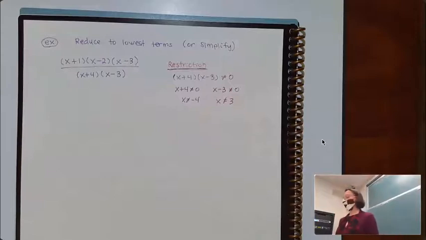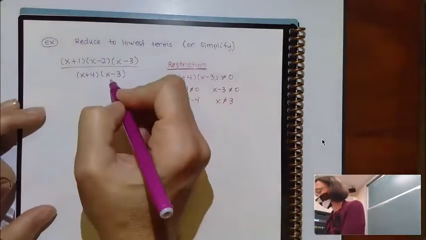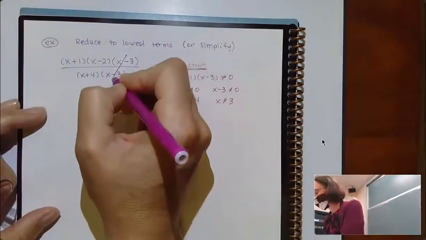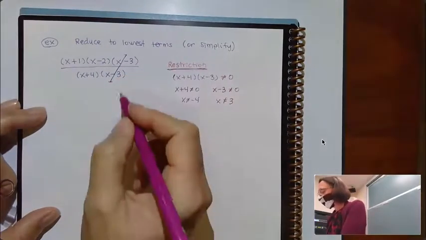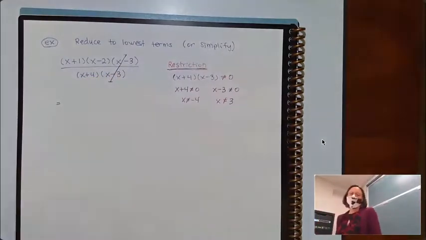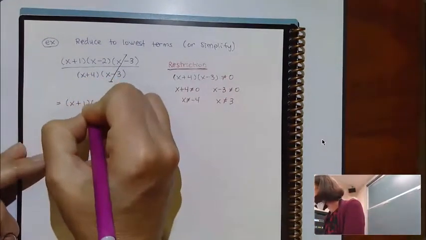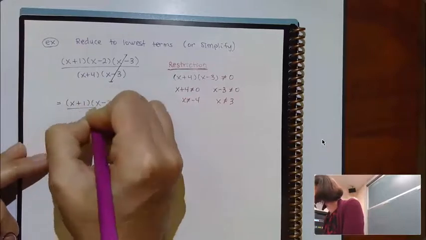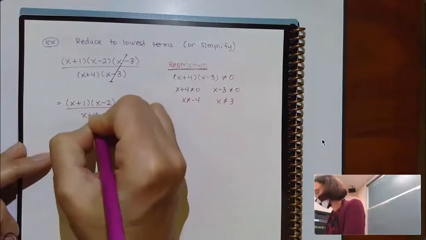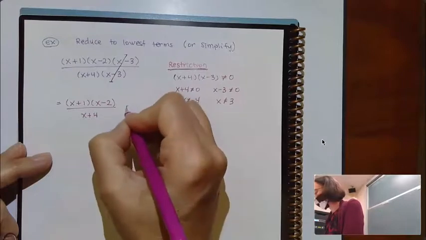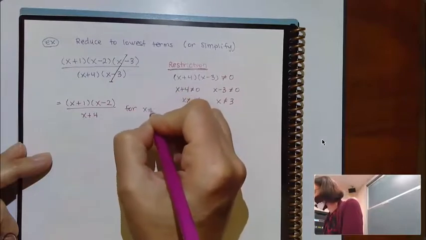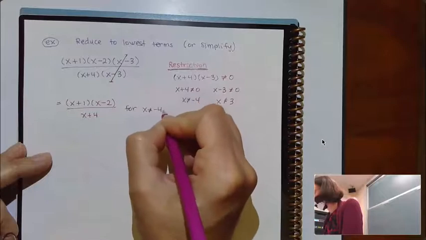Now I can move on and reduce this thing to lowest terms. Well, since I already got it factored for us, we're kind of ready to go. My x minus 3 over x minus 3 is equal to 1. So this, in its most reduced form, I would write as x plus 1 times x minus 2 over x plus 4. And then I would just state for x not equal to -4 or +3.